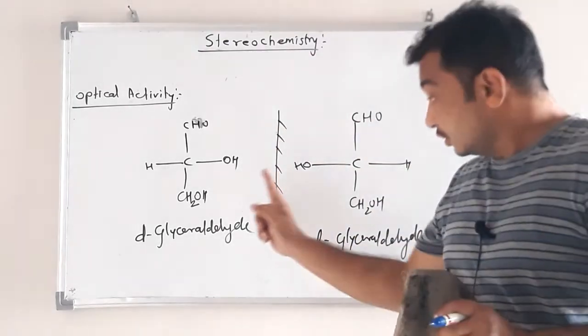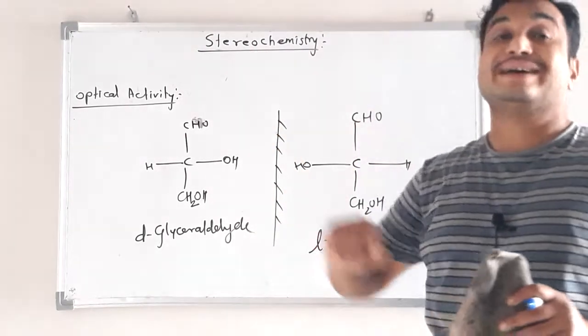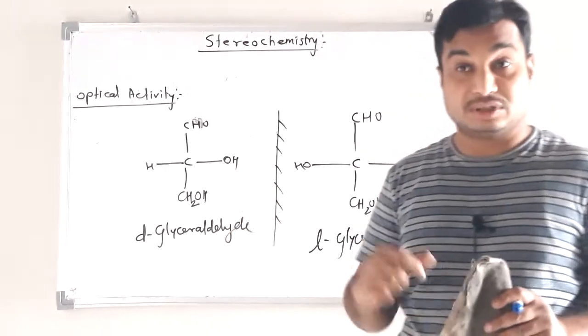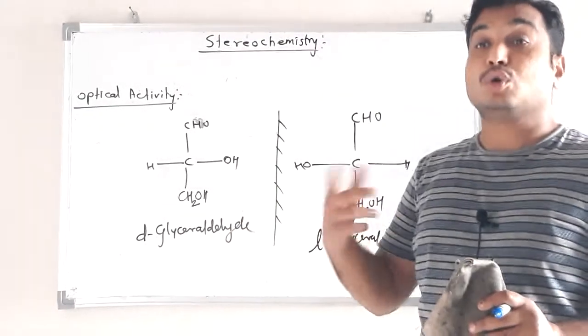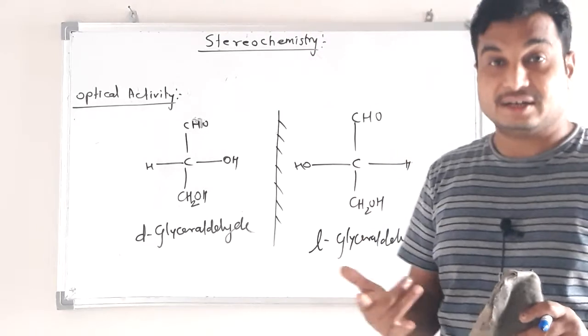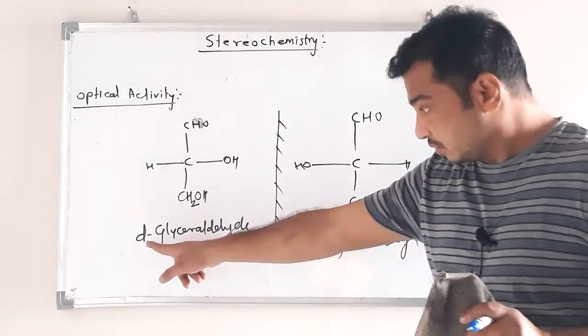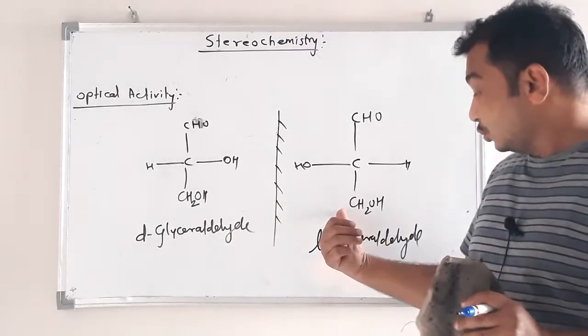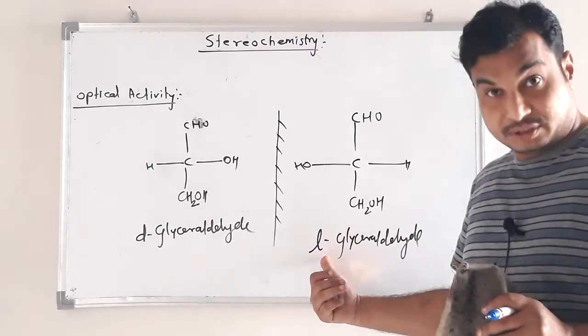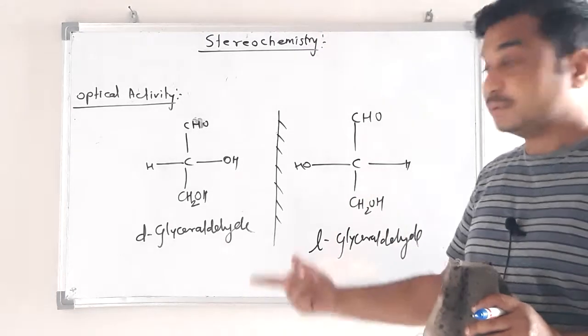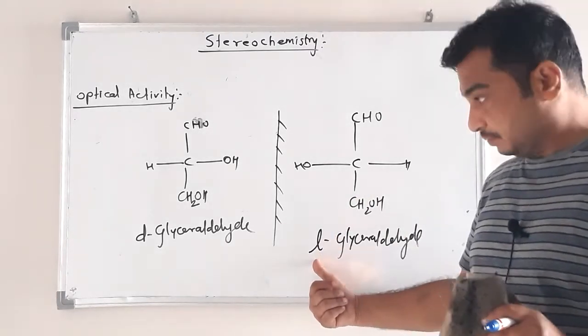These two belong to optical isomers because they differ by rotation of plane polarized light. One shows right side rotation, that's why small d glyceraldehyde. Another shows left side rotation, anti-clockwise, that's why small l.